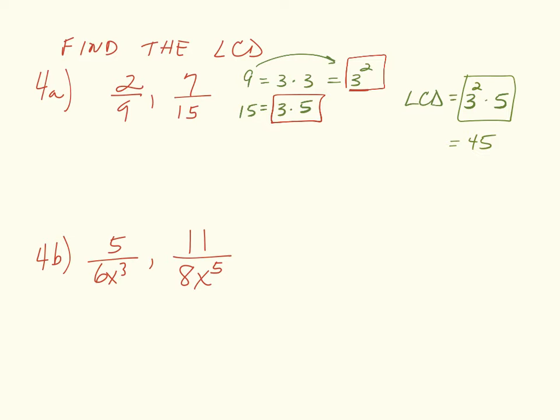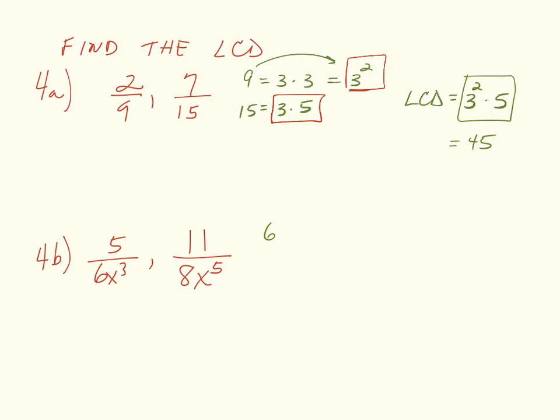Okay? Now, let's do it again with 2 terms here that have variables as well. Now remember, the LCD is going to be the factor with the largest exponent. Okay? Largest exponent on that prime factor.